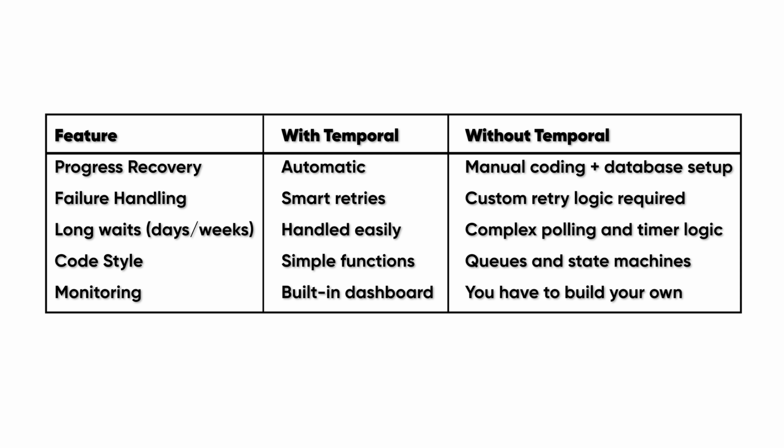With Temporal, your code is just simple functions. Now, without it, you're juggling queues, state machines, and all the glue logic. And for monitoring, Temporal has a built-in dashboard. Now, without it, you need to build your own tools just to see what is going on.